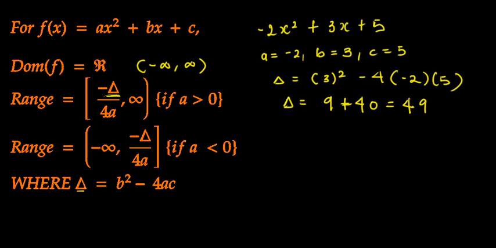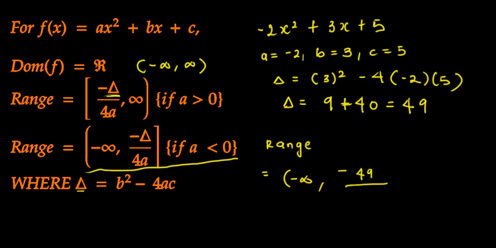Since our a is minus 2, which is less than 0, we're going to be using the second case. So our range is going to be from negative infinity till negative 49 over 4a, which is 4 times minus 2.